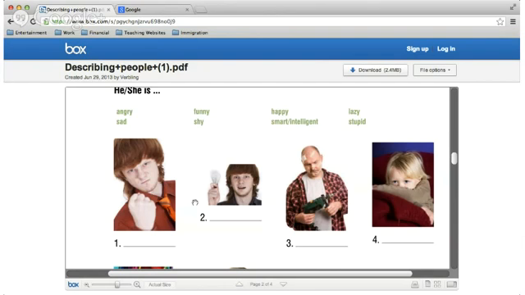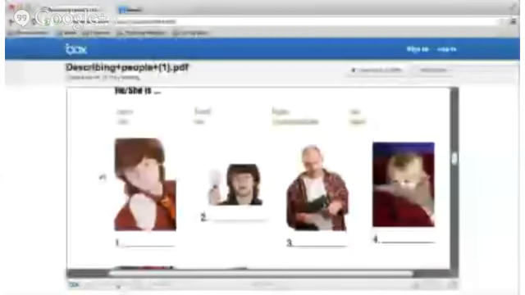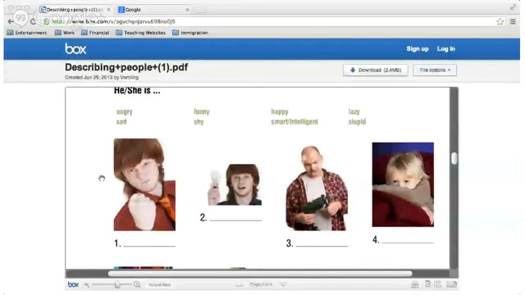Number 1. This is for Laszlo. Angry. What other words could we use for angry? Pissed.